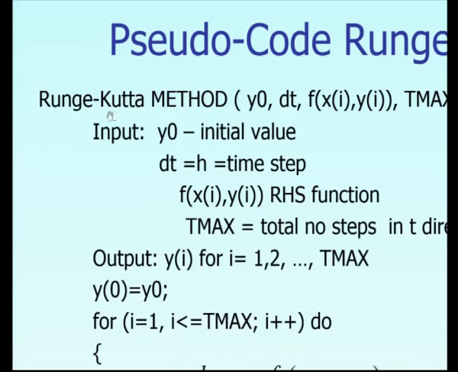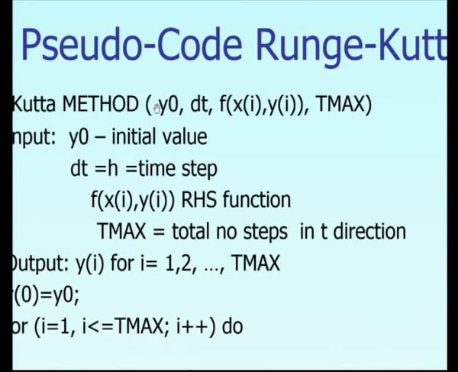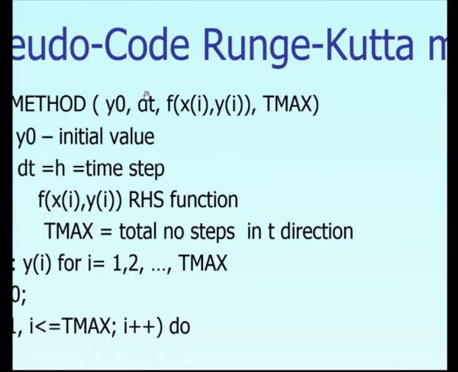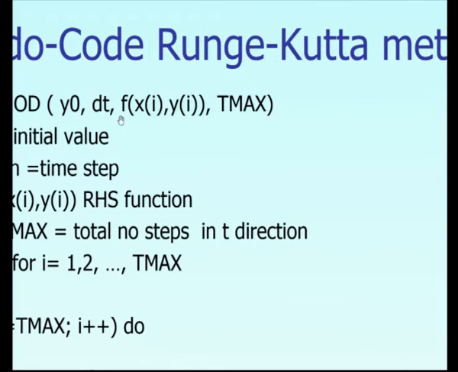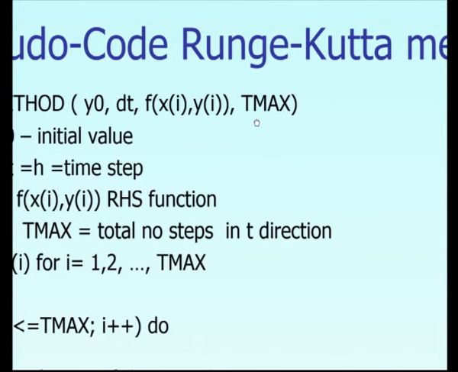The pseudocode for the Runge-Kutta method: this is the initial condition, this is the time step, this is the right hand side function, and T max is the maximum iteration.